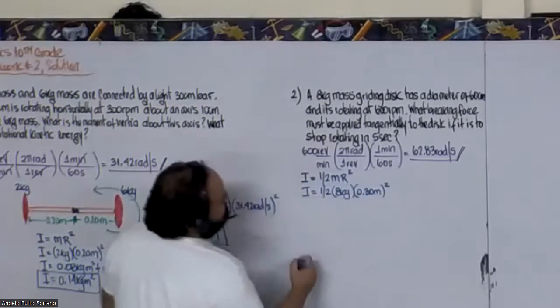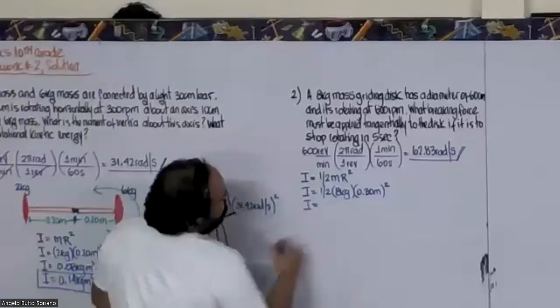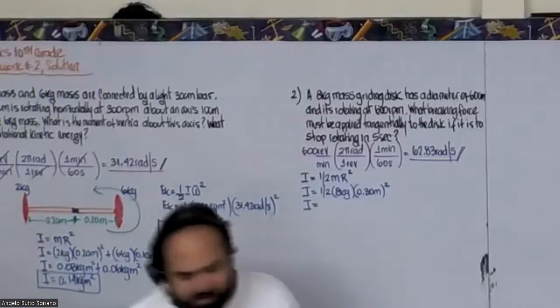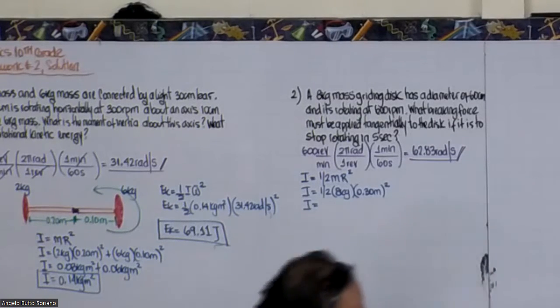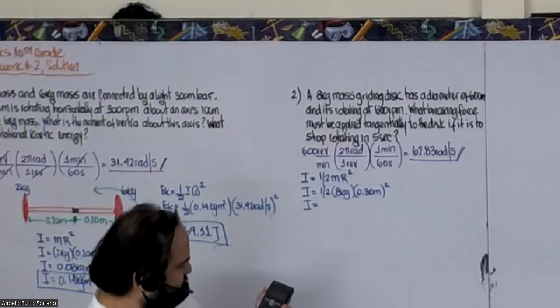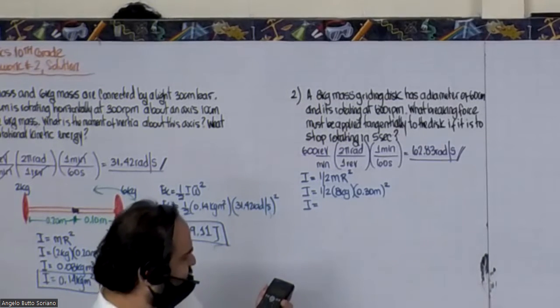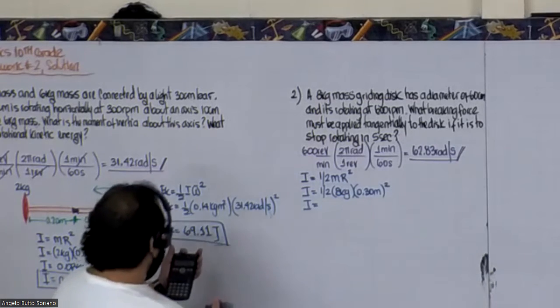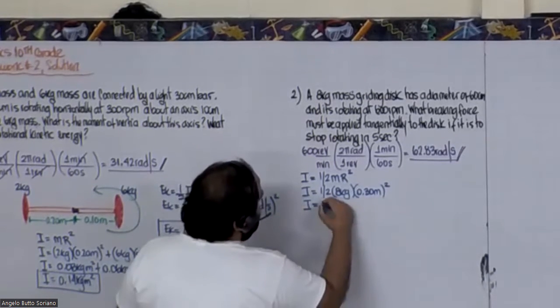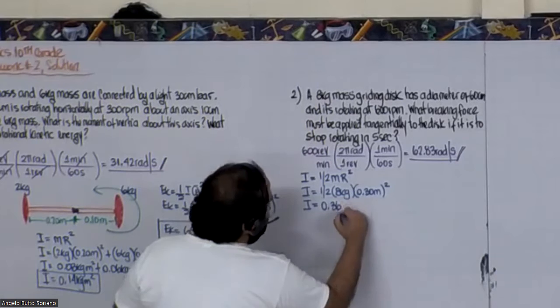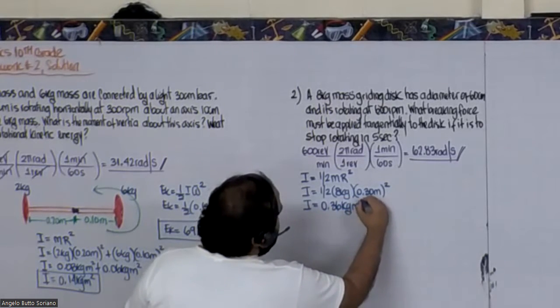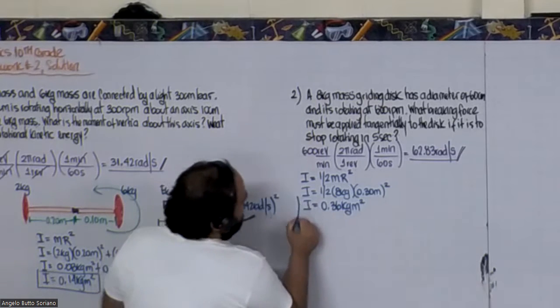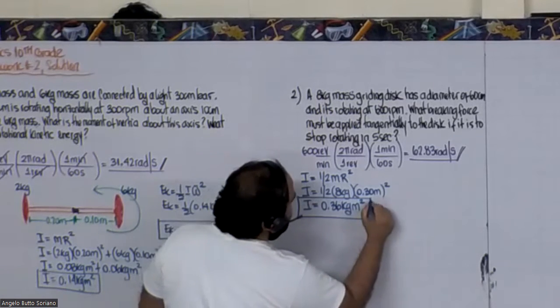So I will be 4 times 0.30 squared, which is 0.36 kilograms square meters.